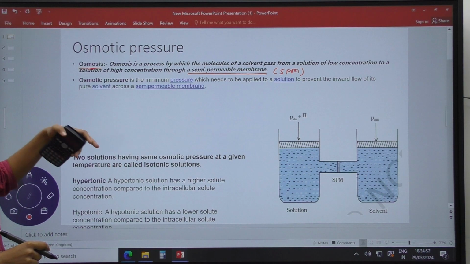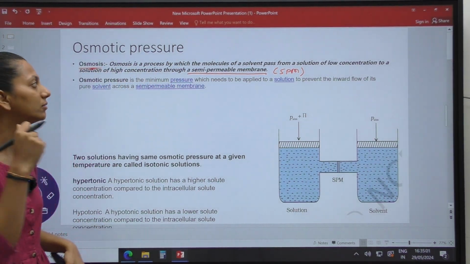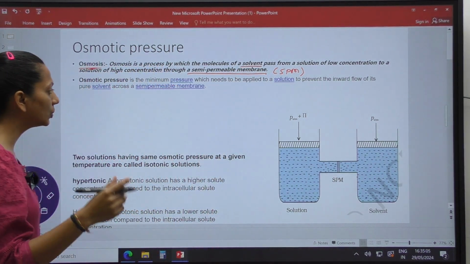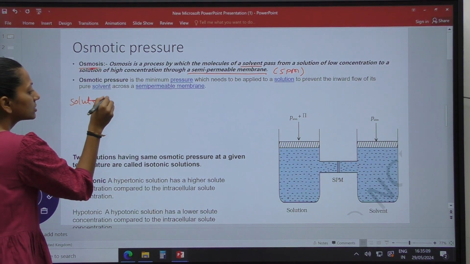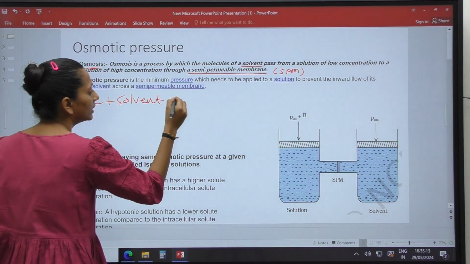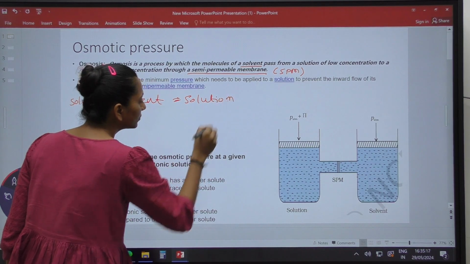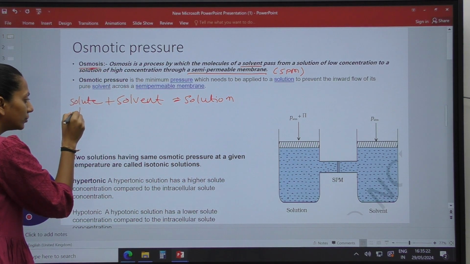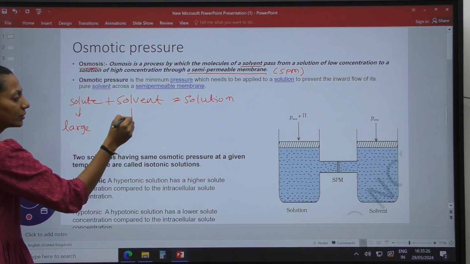Osmosis is a process in which the molecules of solvent, only and only the molecules of solvent, pass through. We know that a solution has solute plus solvent molecules, combining to form the solution. The solute molecules are large compared to the solvent molecules.